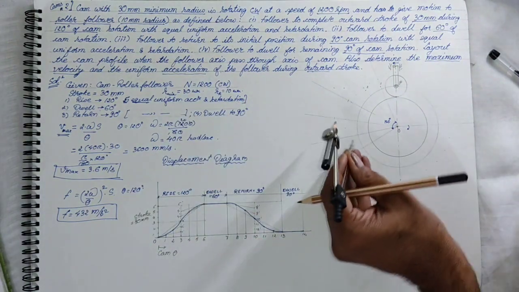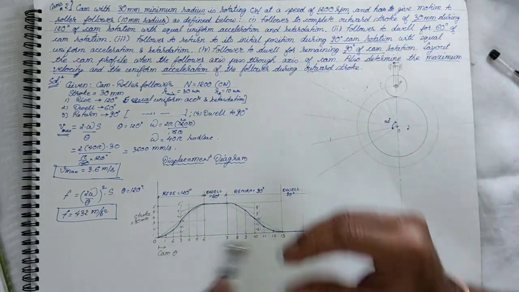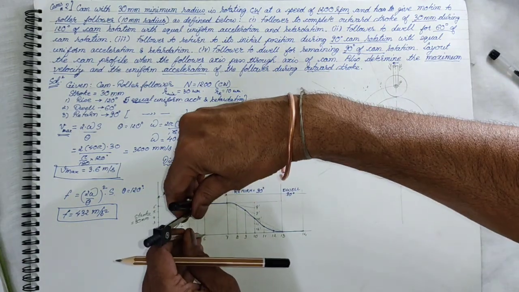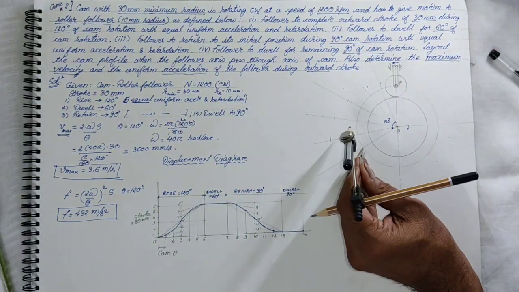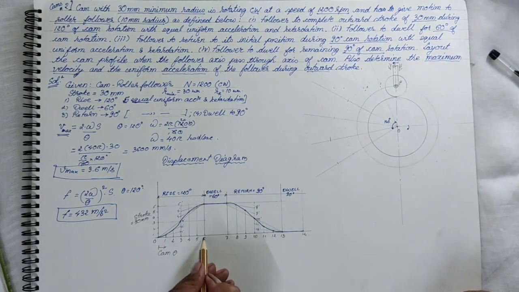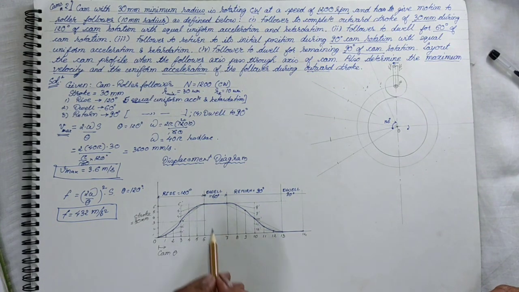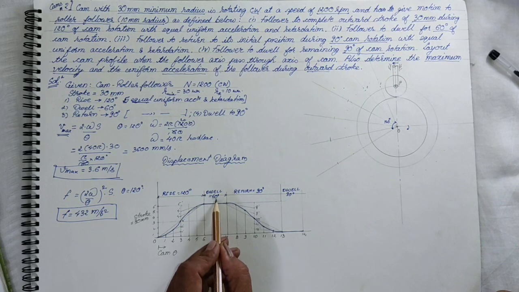5. And finally 6. Now 6 and 7, the displacement will be the same, and 6 to 7 is of 60 degrees.